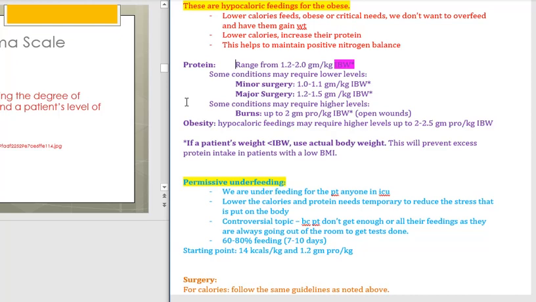So, permissive underfeeding. Remember, this is when we allow ourselves to feed critically ill patients less than their full needs temporarily. A starting point for permissive underfeeding is 14 calories per kilogram and 1.2 grams of protein per kilogram.